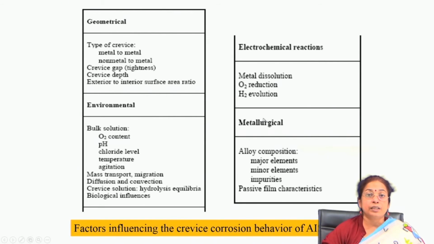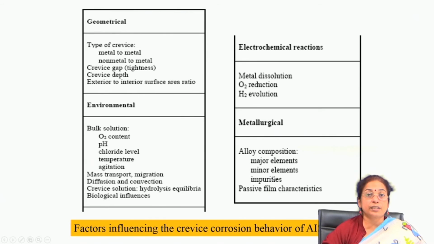They are nothing but the elements or components, the ingredients in the alloy, whether any impurities are there, whether there are different phases in the particular alloy, then what the passive film characteristics are, whether the passive film is stable or non-stable.